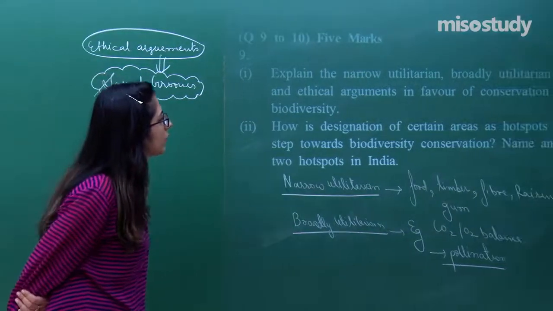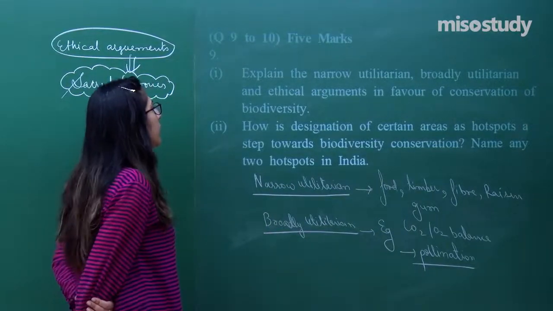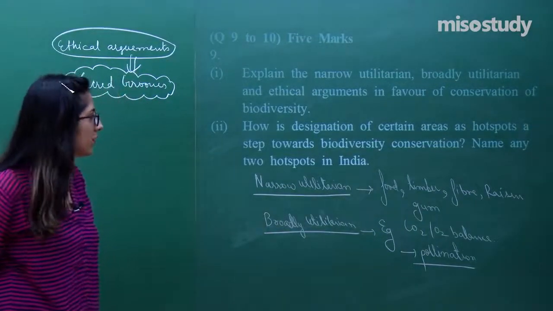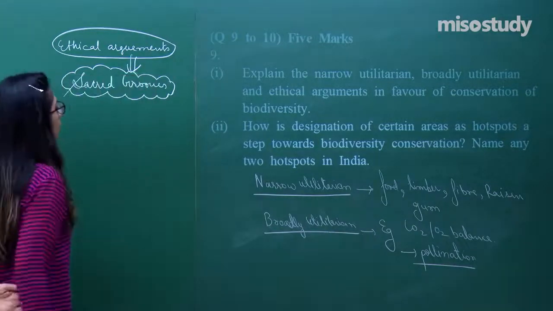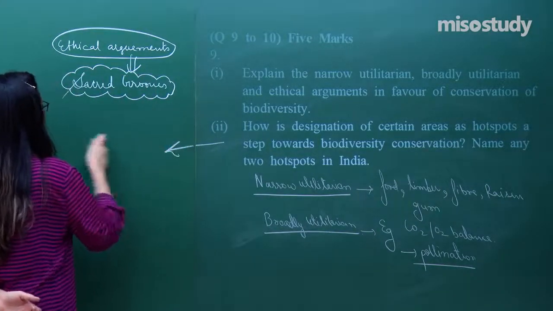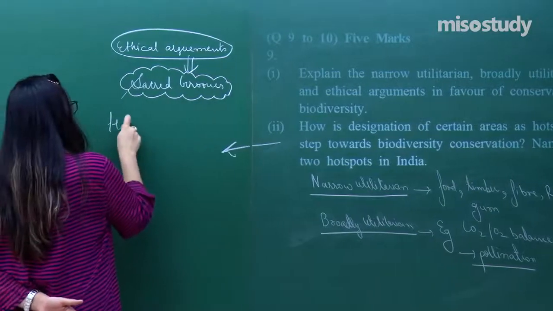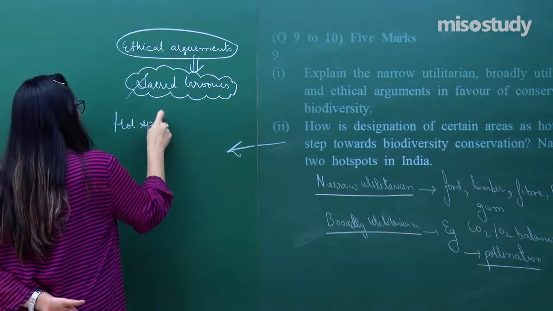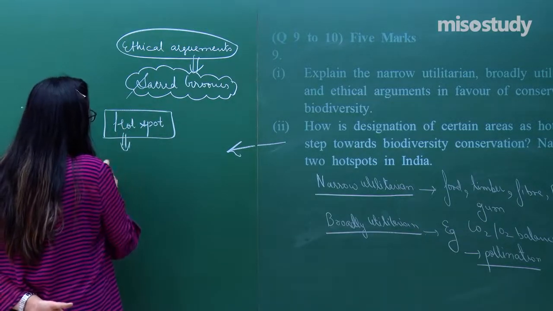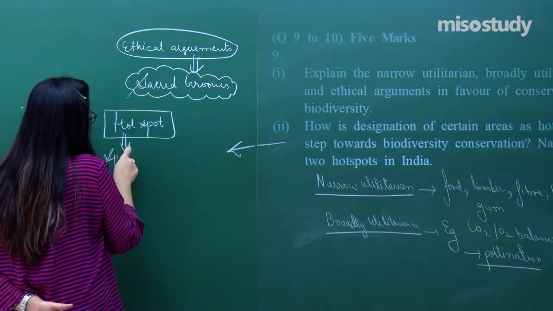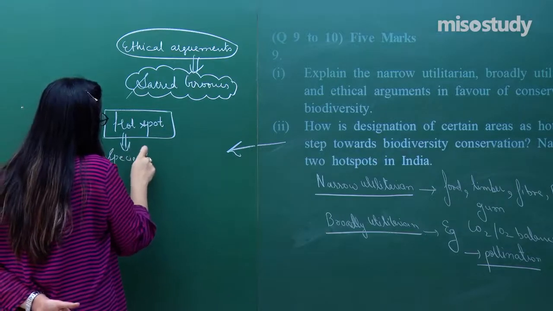How is designation of a certain area as a hotspot a step towards biodiversity conservation? Name any 2 hotspots in India. So what is a hotspot? Hotspots are those areas which have the highest, or you can say which are famous for, species richness.